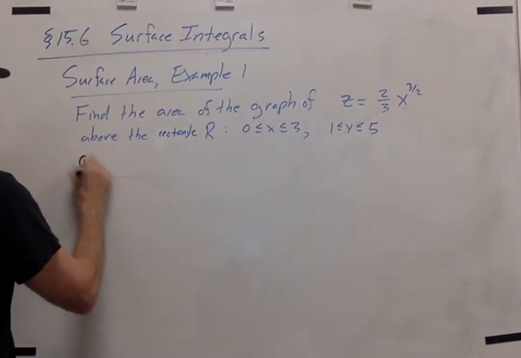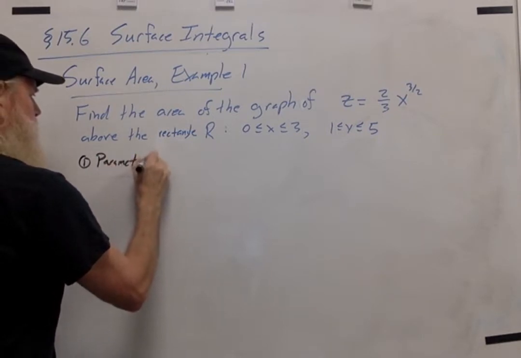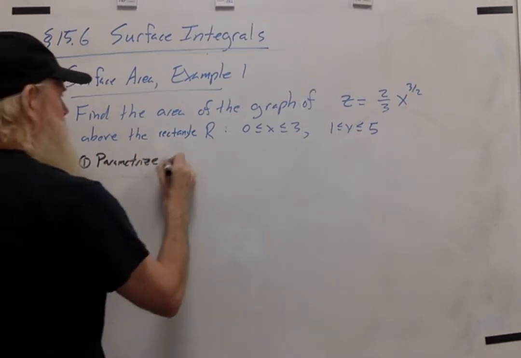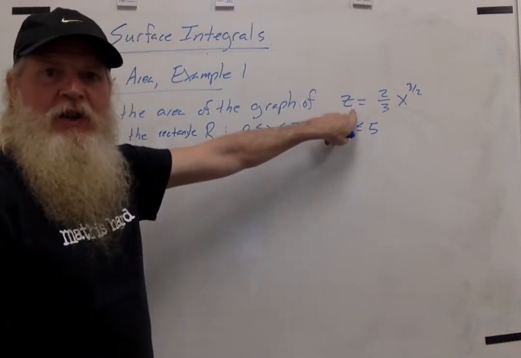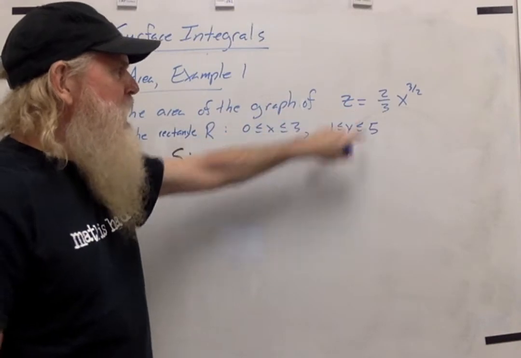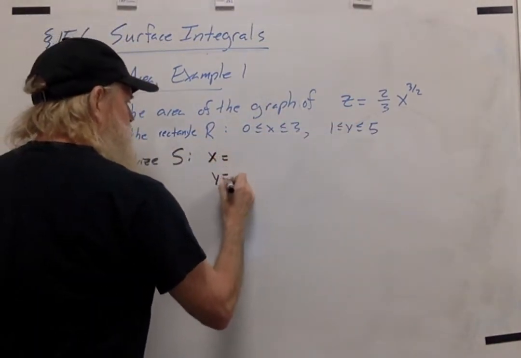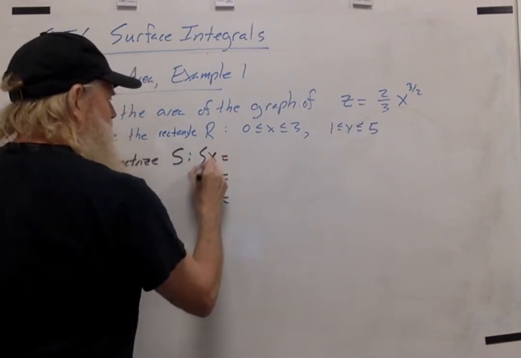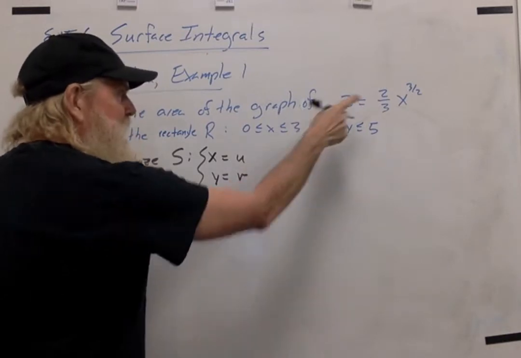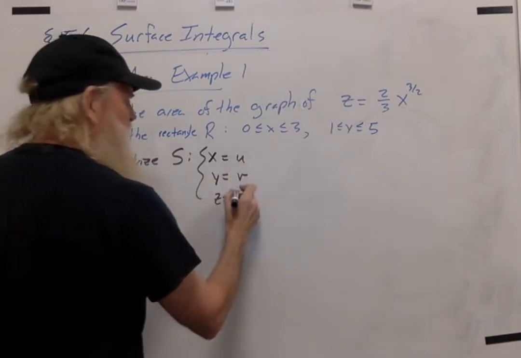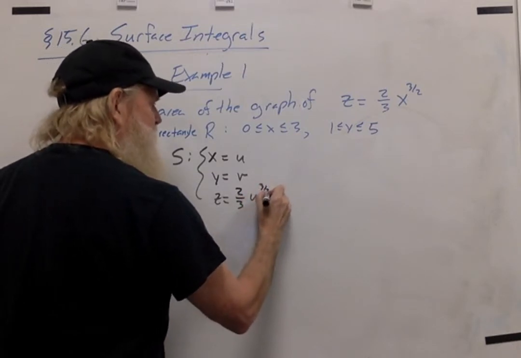So the first step is going to be to parameterize the surface. Here, we're already given the function as the graph over the xy plane, so let's parameterize it as a graph. Now remember, one option is to set x equal to u, y equal to v, and z equal to f of u and v, so 2/3 u to the 3/2.